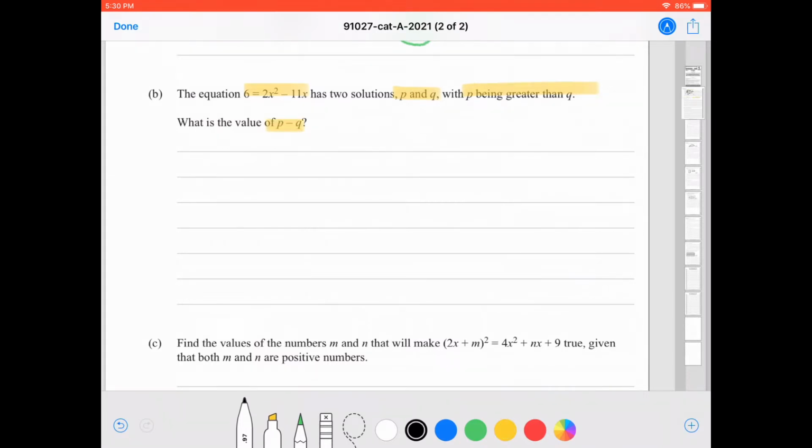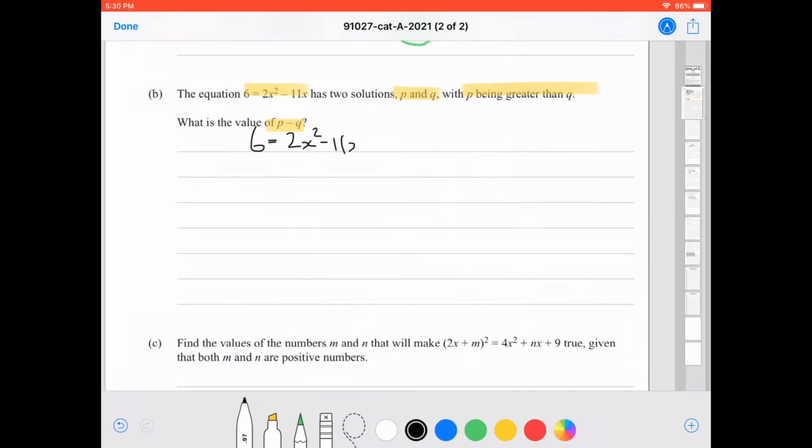So we've got this equation, 2x squared minus 11x, and the question says we've got two solutions, p and q, and they're asking what is the value of p minus q. Well, we need to decide what p and q is, first of all, and you can see we've got a quadratic here.